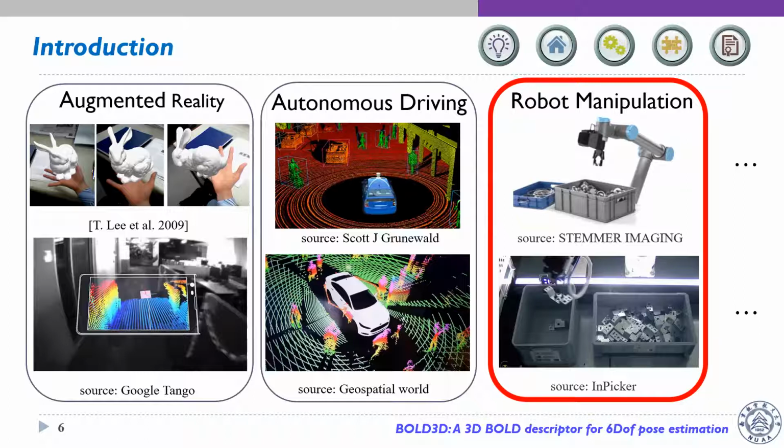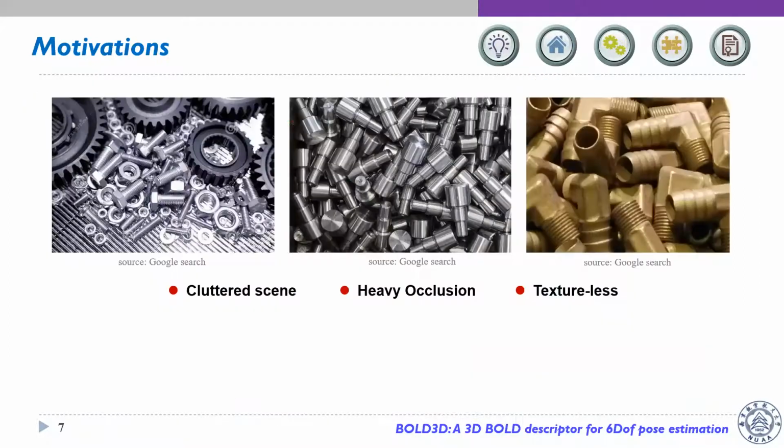In this work, we focus on the robot manipulation application. Specifically, our paper pays attention to 6D pose estimation of mechanical parts, which is a fundamental task and can be further deployed in an automatic picking and assembling system in many industrial enterprises. Actually, in most industrial scenarios, mechanical parts are often textureless and highly metallic and lustrous.